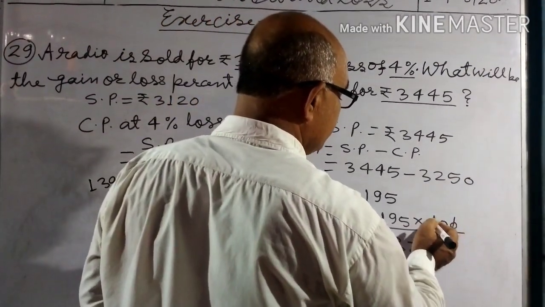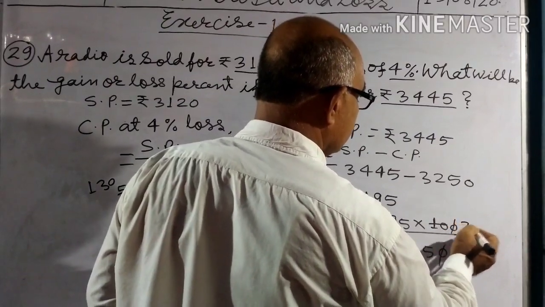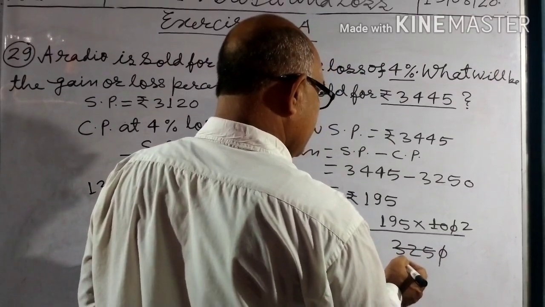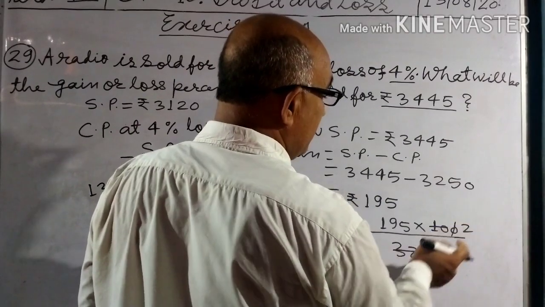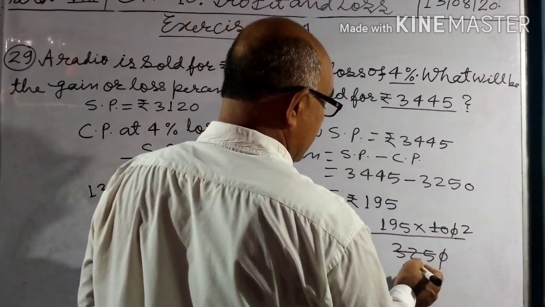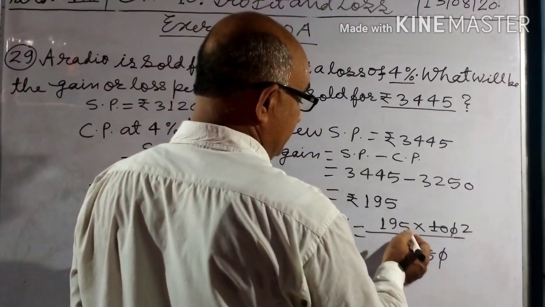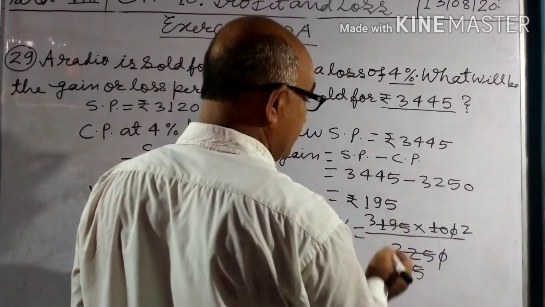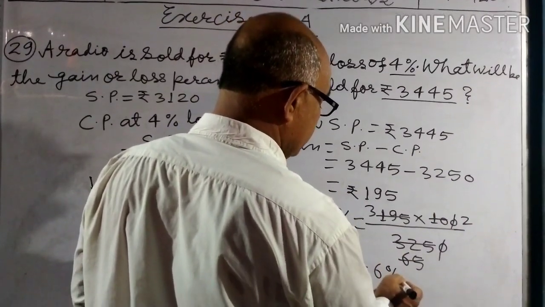And 5 times, 5 twos are 100, and 5 times 5 fives are 5, 5 twos are 10, and 5 sixes are 30, and 5 fives are 25, 3 times 65, 3 fives are 195, and 3 twos are 6%.